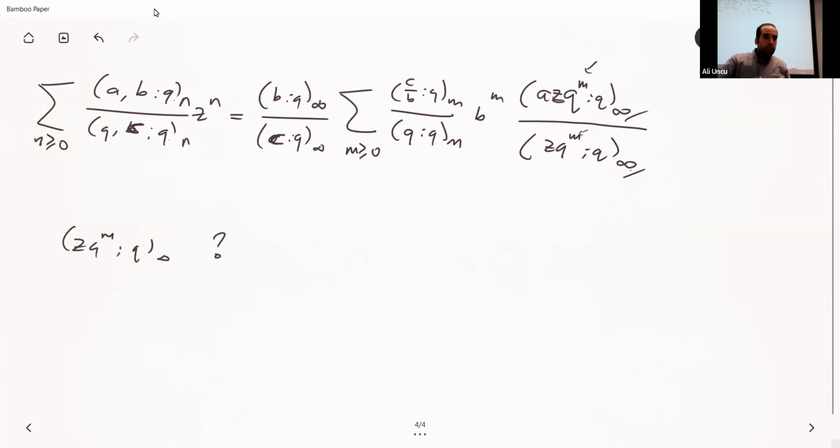What should I multiply this with, so that it becomes (z; q)_∞? If I have (z; q)_∞, it doesn't depend on m, so I can take it outside of the sum. So what should I multiply my (zq^m; q)_∞ with, so that it becomes (z; q)_∞?